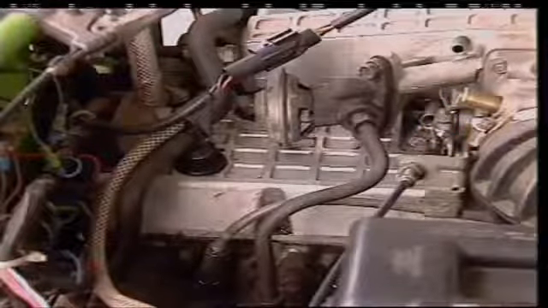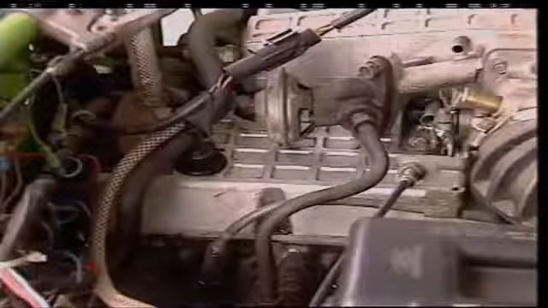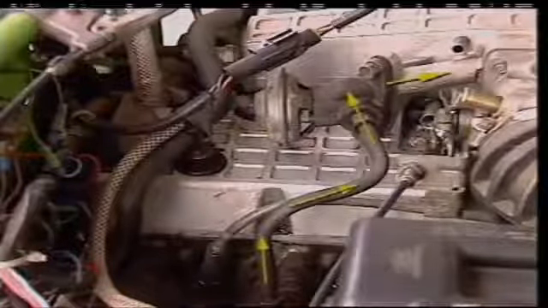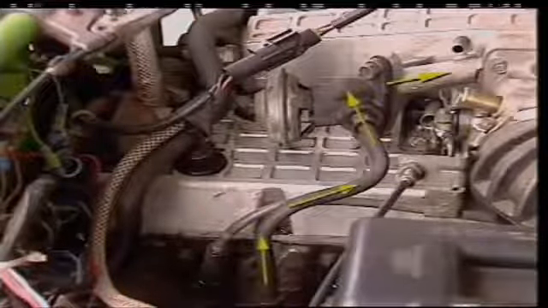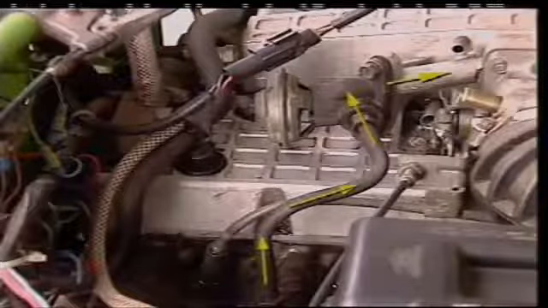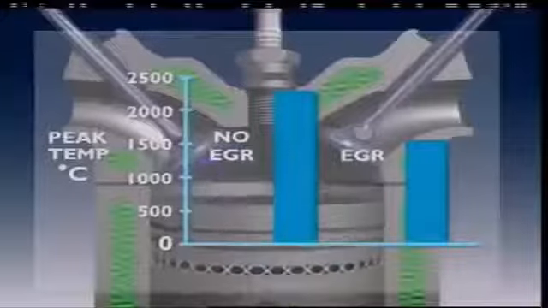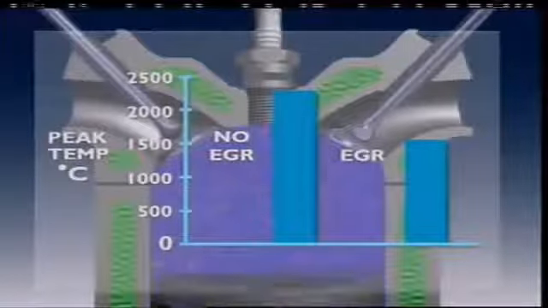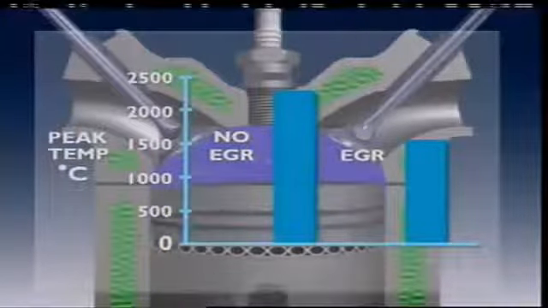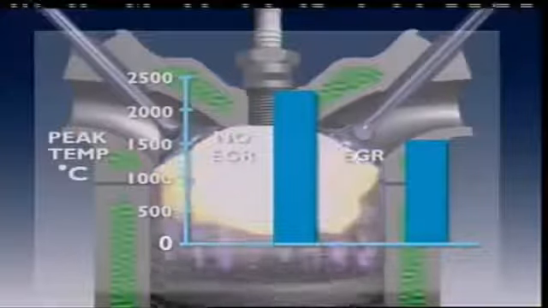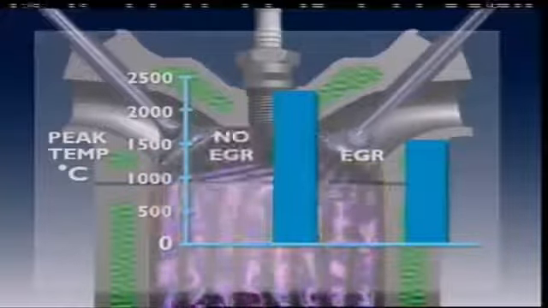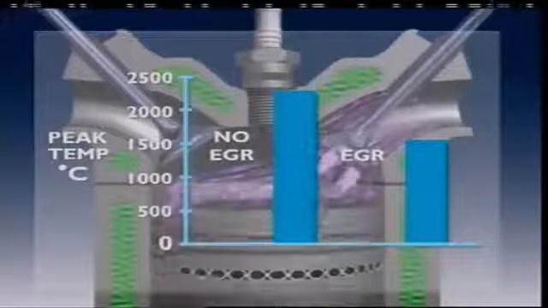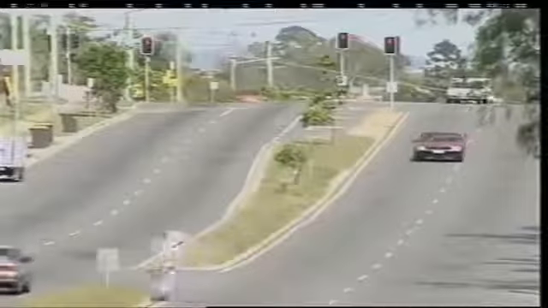If engine conditions are likely to produce oxides of nitrogen, the EGR valve opens, letting some gases pass from the exhaust into the intake system. During combustion, these exhaust gases absorb heat from the burning air and fuel. This lowers peak combustion temperatures, which reduces the formation of the oxides of nitrogen.